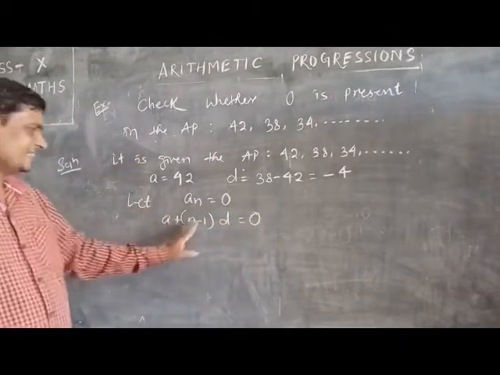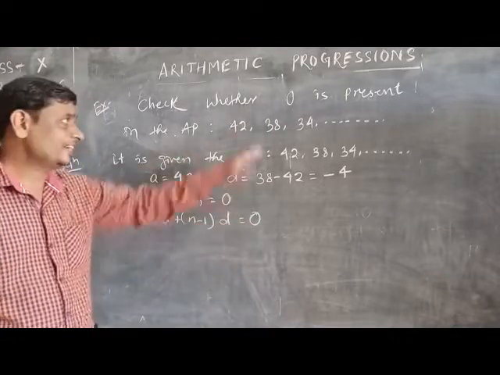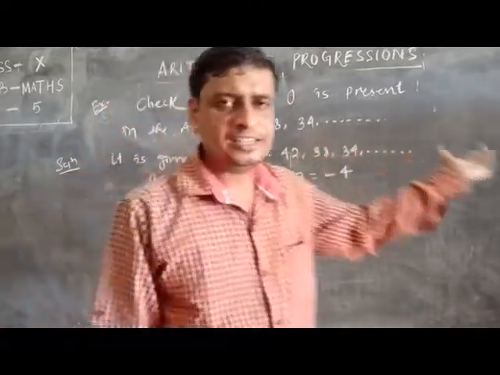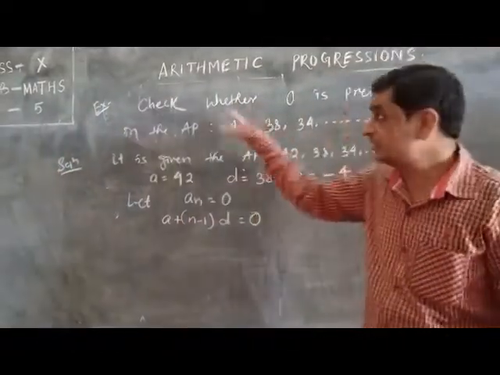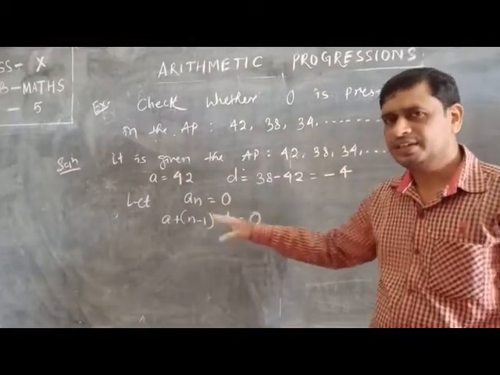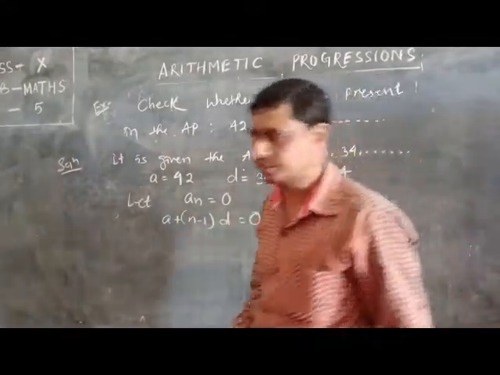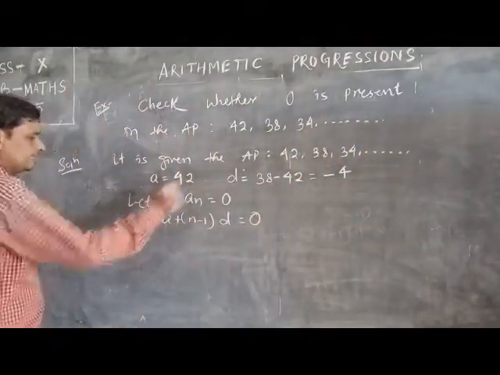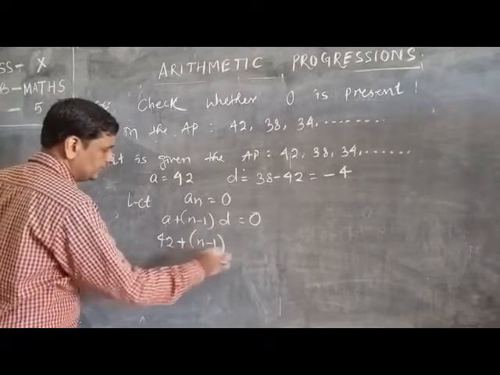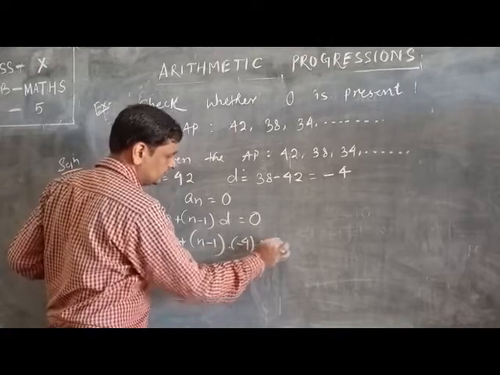An means a plus n minus 1 into d is equal to 0. This 0 is taken from the question. Since we have to check whether 0 is present or not, we consider this 0 is present in the AP, so it is written an is 0. In place of an we write a plus n minus 1 into d, which is equal to 0. A is 42 plus n minus 1, d is minus 4. This is equal to 0.